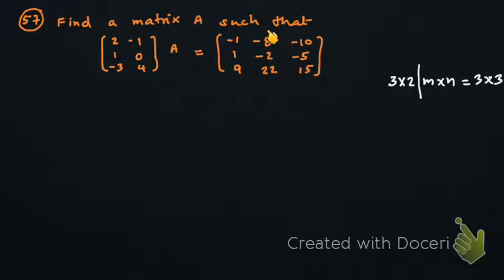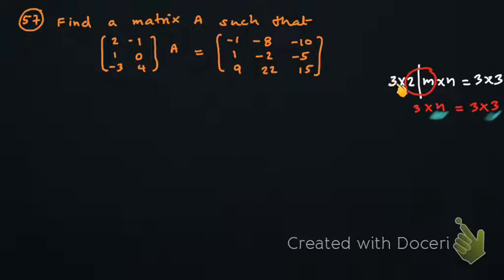But I know the answer matrix. The answer is going to be a 3 by 3 matrix. But we know that for matrix multiplication to be possible, these two middle numbers are supposed to be the same. So 2 and m are supposed to be equal, which means m is equal to 2.